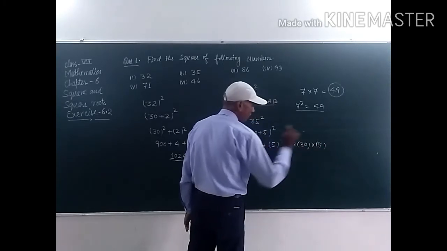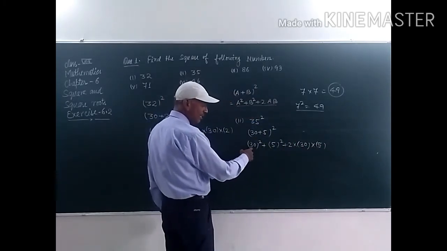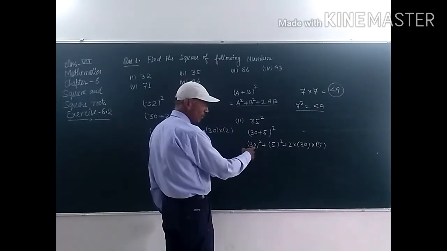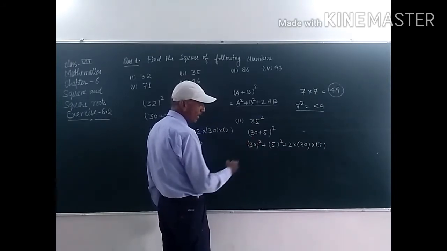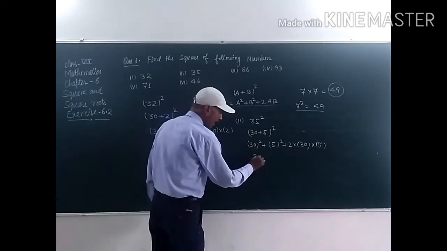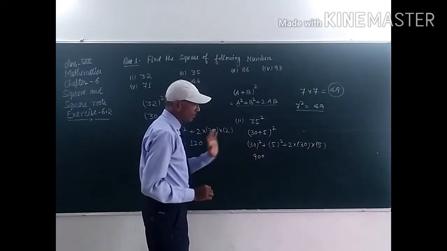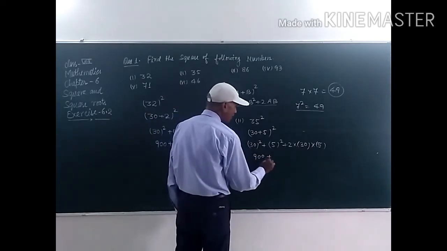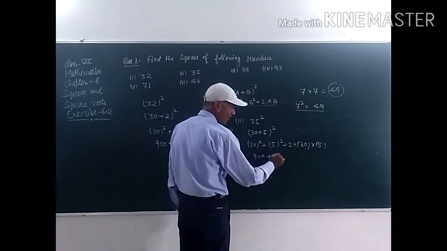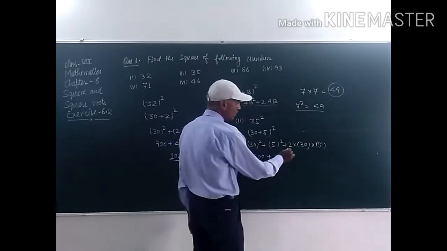Now 3 square, 3 3s are 9, followed by a 0. So in the square there will be a pair of 0s, that is 900. Clear, student? 30 square is 900, plus 5 square, 5 into 5, 25, plus this one.